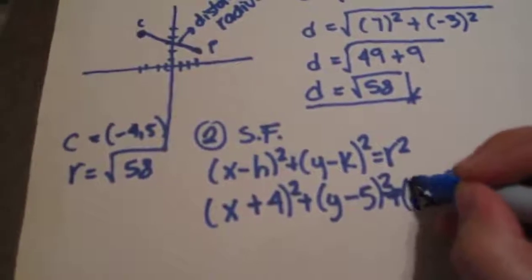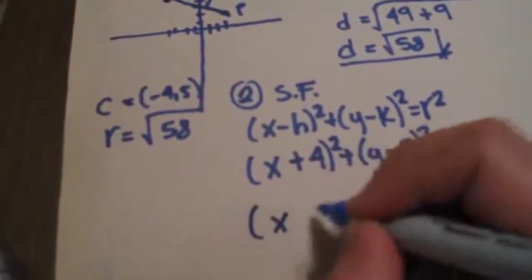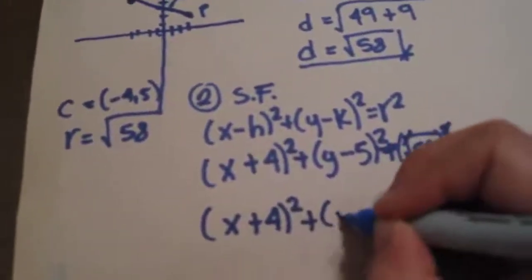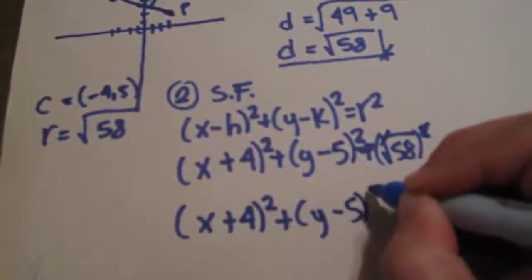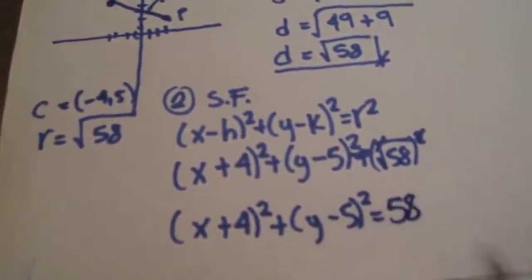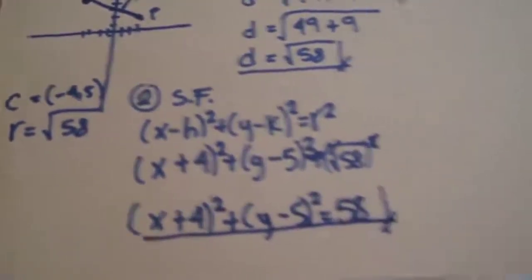This will cancel the radical, so your standard form is (x plus 4) squared plus (y minus 5) squared equals 58. And that's it. This is your standard form.